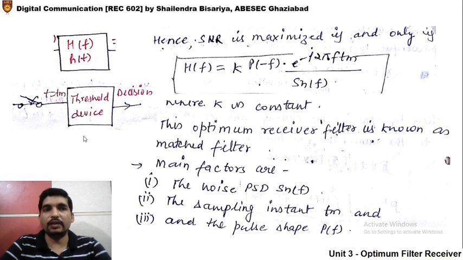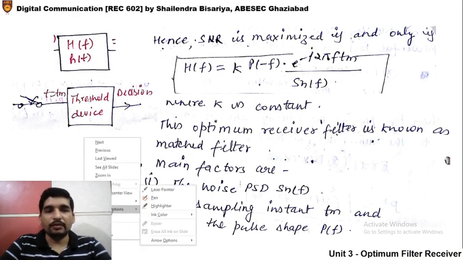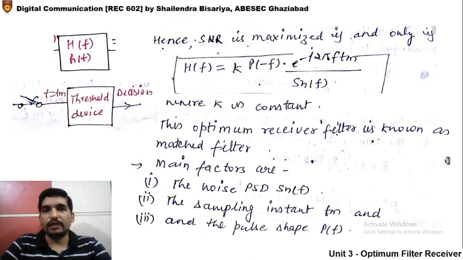At t equal to tm you are sampling. So we have concluded that H(f) should have this value. Only then we can say that SNR is maximized.